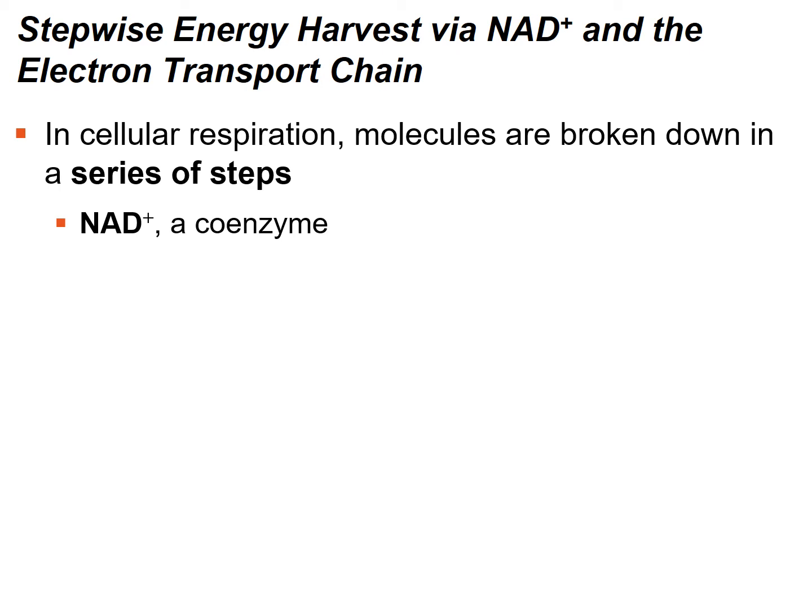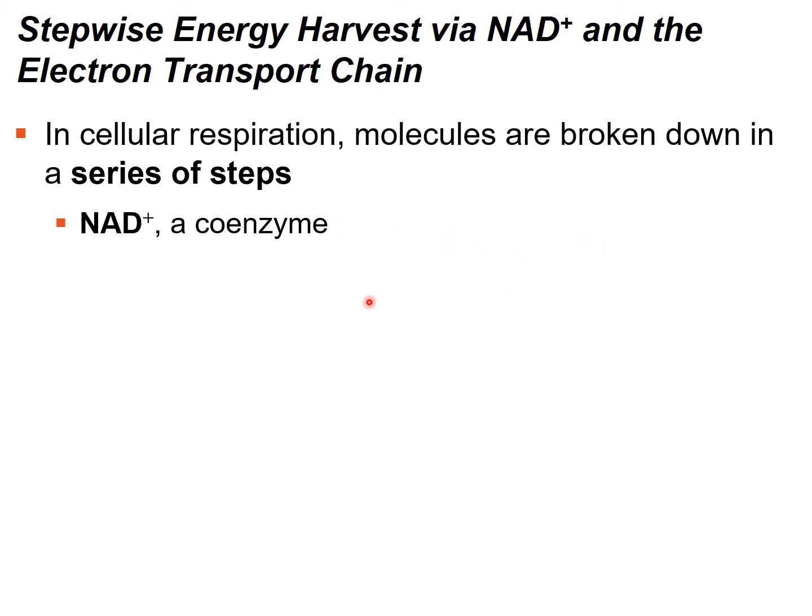So NAD is actually a coenzyme. Remember, we talked about the difference between cofactors and coenzymes. A coenzyme is an organic cofactor. A general cofactor is usually inorganic, usually some sort of ion like iron or magnesium or even sodium. Now, this serves as the oxidizing agent.